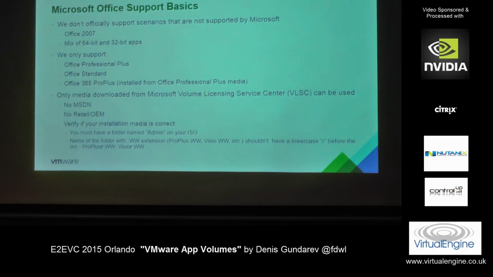And why I'm talking about this, like 90% of the proofs of concept with AppVolumes start with virtualizing Microsoft Office. And people take the MSDN ISO, install it, then they see that the Office application is not activated, and they blame AppVolumes.